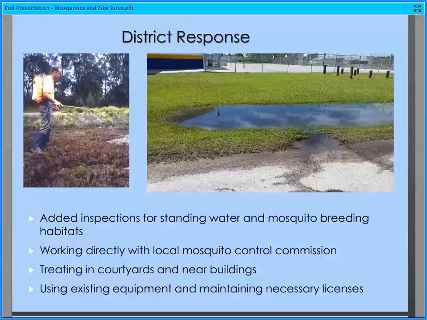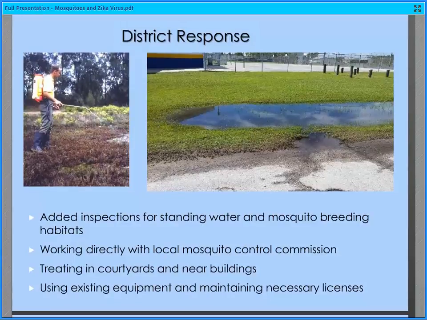My pest control guys go out doing regular IPM inspections of all of our schools and kitchens, so we've added the service of treating and looking for mosquito problems.